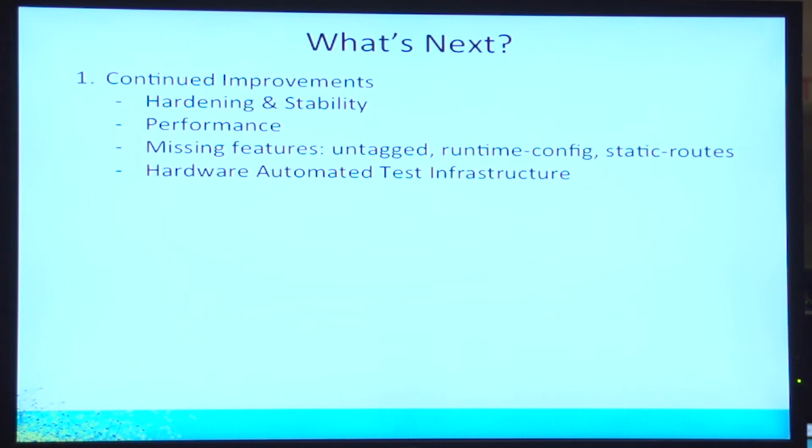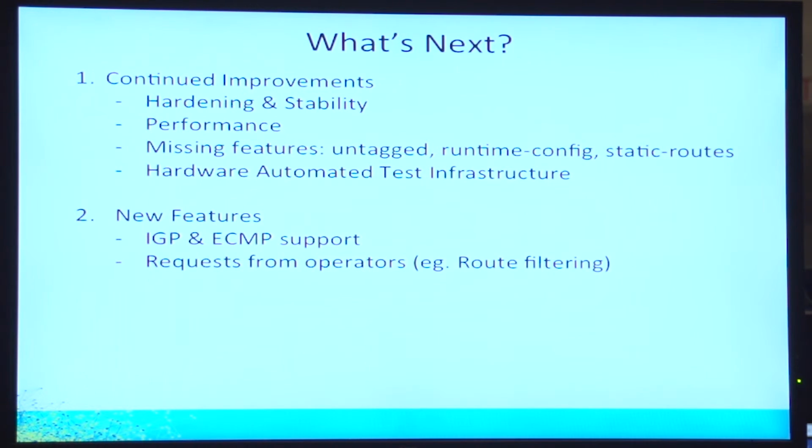So what's next? Just quickly wanted to tell you that we will work much harder to improve the stability and the quality of the code, and that's coming in the next release. Also, performance testing is very important. And we will also try and introduce new features like IGP. We already have BGP, but we want to add an IGP to it.